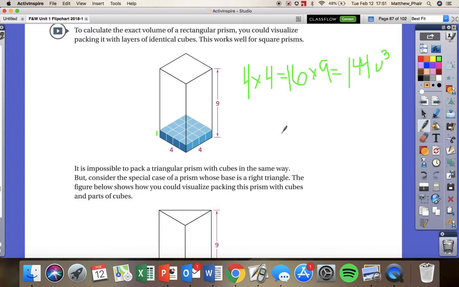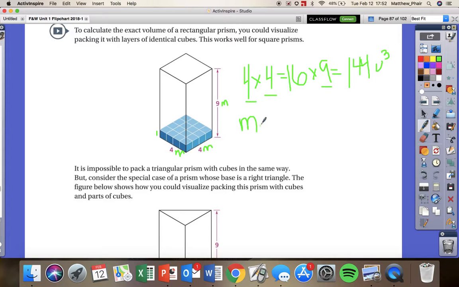As we're talking about volume, don't forget that we're talking about units cubed. The reason we're talking about units cubed, again, just as a refresher, let's call these meters. And so we did 4 times 4 times 9 to get me 144. Great. But what we didn't talk about were the units that were on here. And the units are being multiplied too.